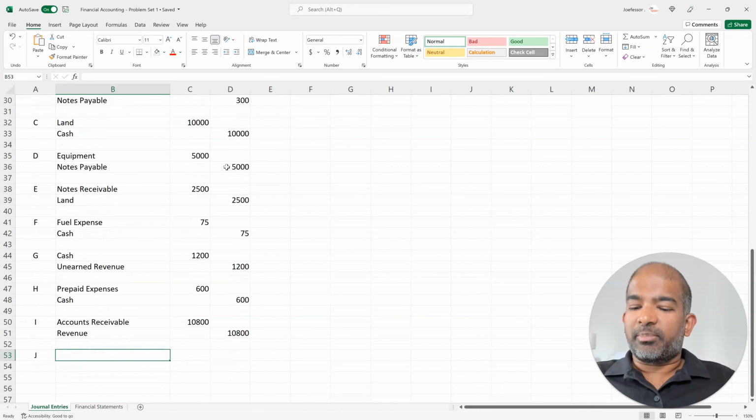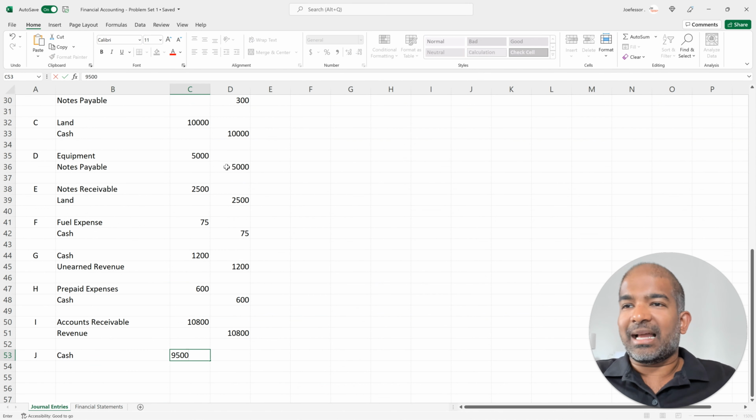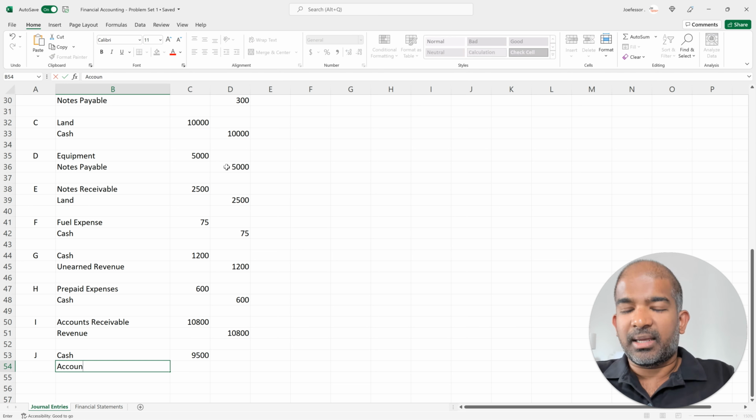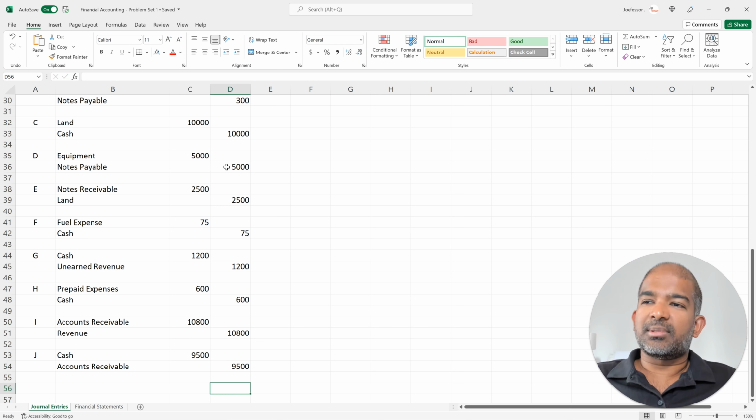So they are paying $9,500. We collect cash of $9,500, which is getting debited. And from our accounts receivable, we need to remove $9,500, because the receivable is no longer $10,800. We need to reduce it by $9,500, and hence we credit that account.